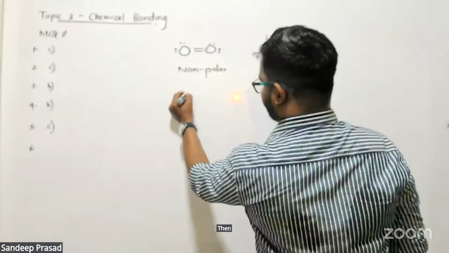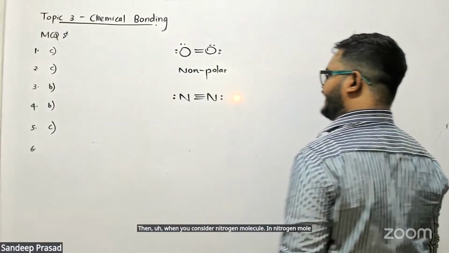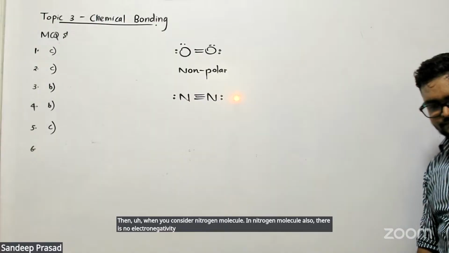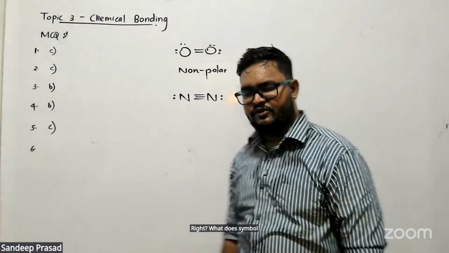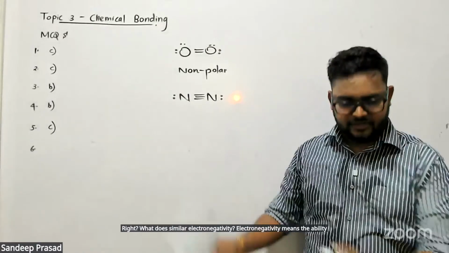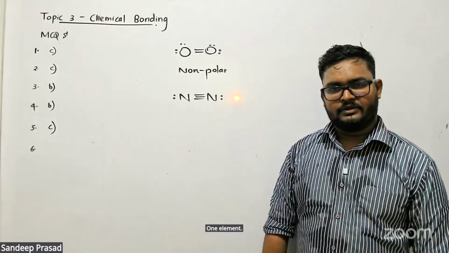Then when you consider the nitrogen molecule, in the nitrogen molecule also there is no electronegativity difference, right? What does electronegativity mean? Electronegativity means the ability of an element to pull the bonding electron pair. Do you remember the Pauling scale we learned?